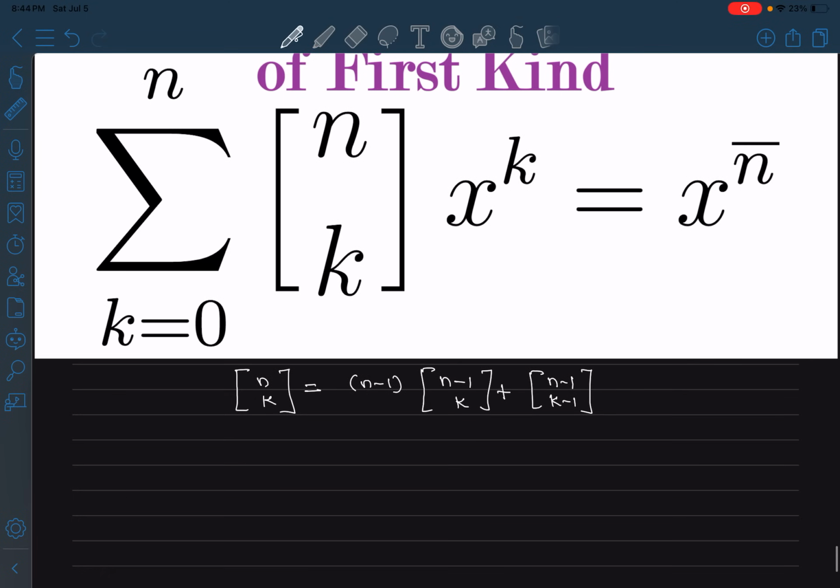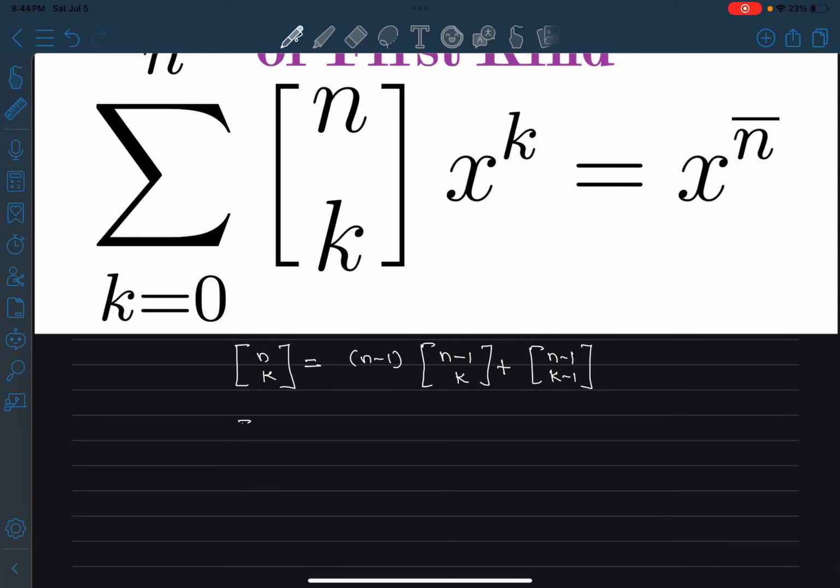So what I'm going to do is first of all multiply all the sides by x to the power k. This is the recurrence relation for the Stirling number of first kind, and it's the unsigned one; there are two types, signed and unsigned.